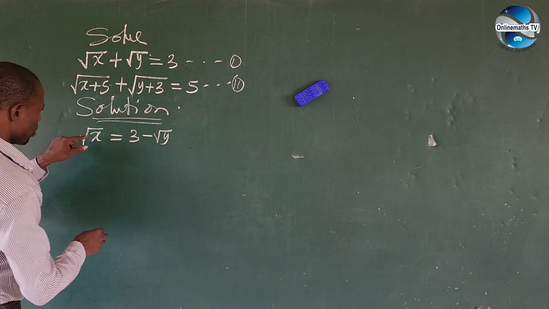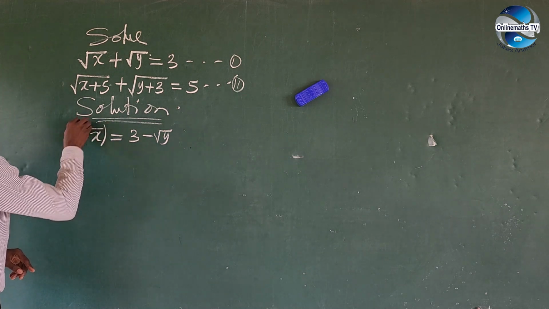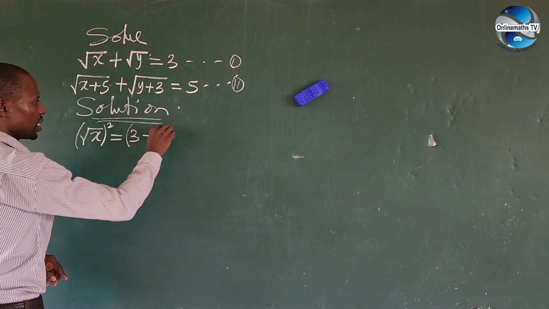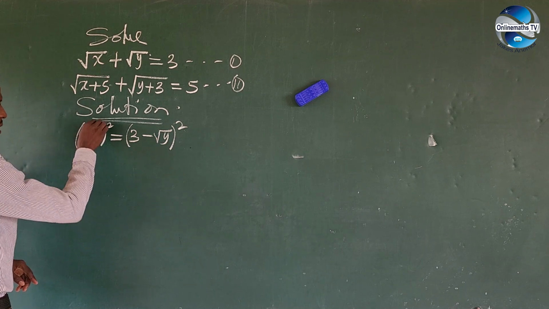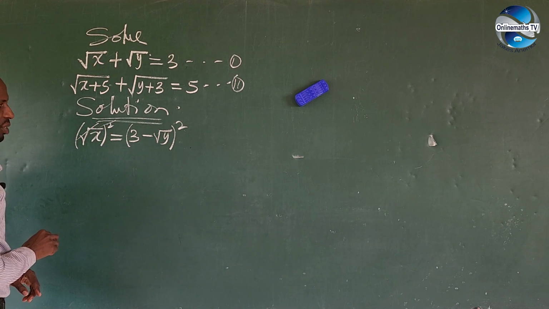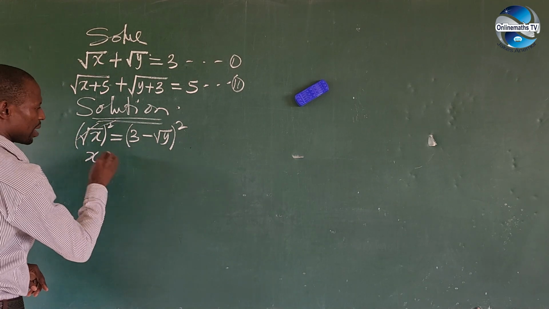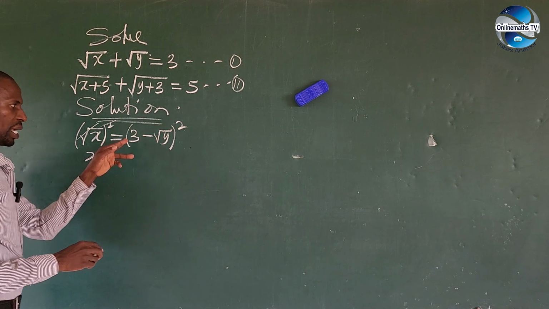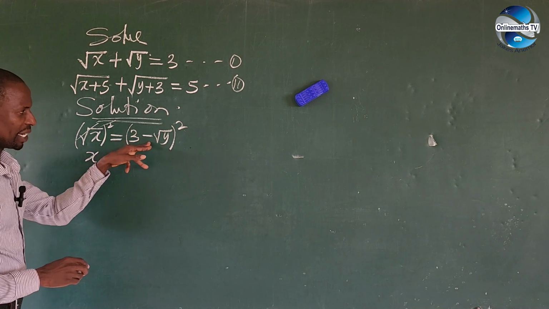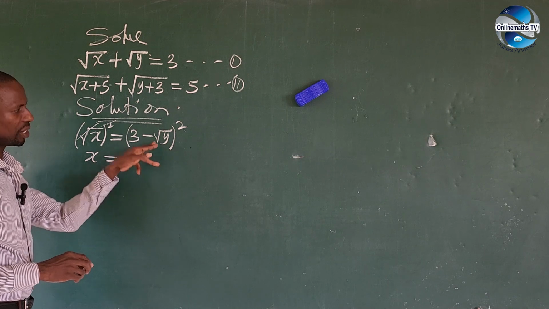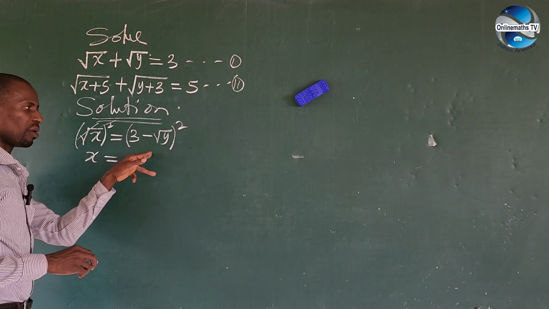Easy. The next thing we do is square both sides of the equation. So our x will now be equal to 9 minus 6 root y plus y.